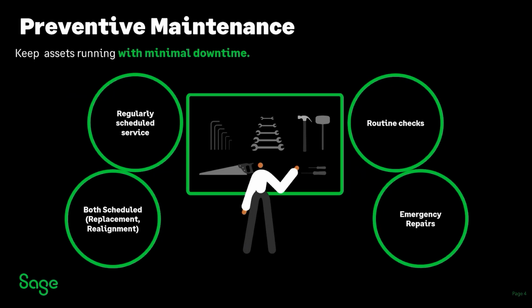And on the other hand, you might schedule the repairs. For example, if we look at a car, you'd have service intervals of 15,000 kilometers, or it could be a photocopier, it could be any piece of equipment that you want to service.